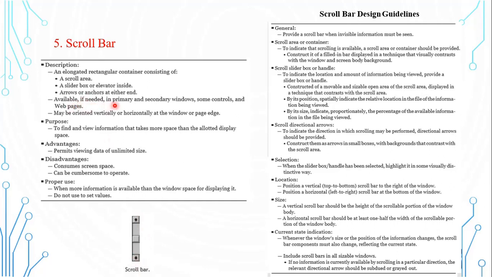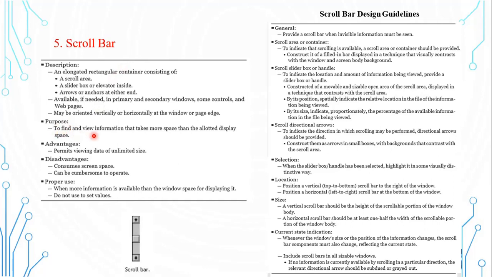It is available if needed in primary and secondary windows, some controls and web pages, and may be oriented vertically or horizontally at the bottom window or page edge. So you can see scroll bars placed horizontally on the window or vertically at the side of the window. What is the purpose?